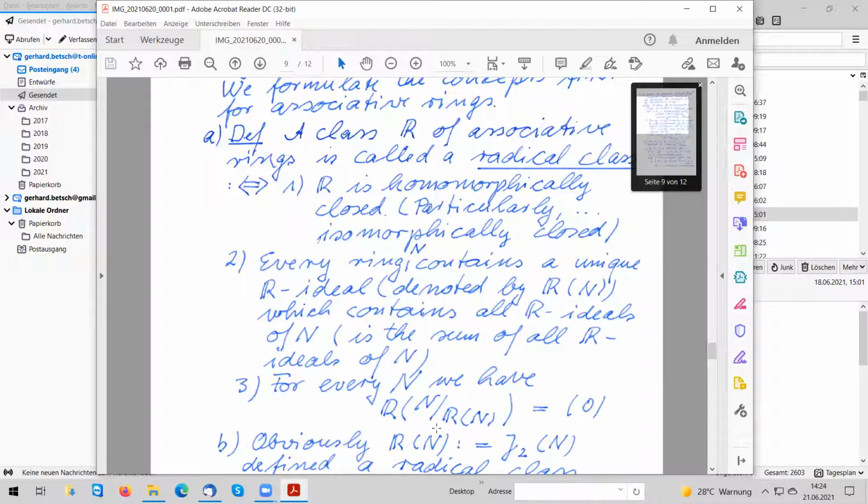For every N we have, and we have this for J2, at least, R of N modulo R(N) is 0.